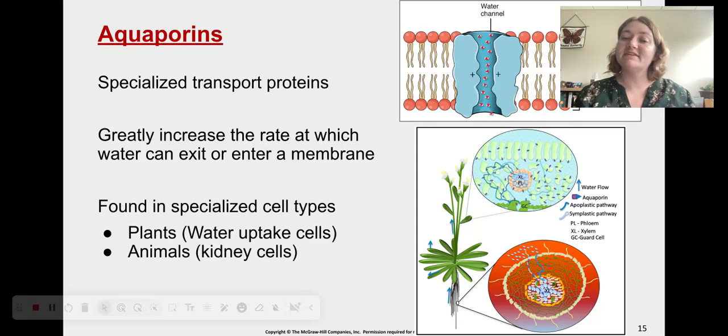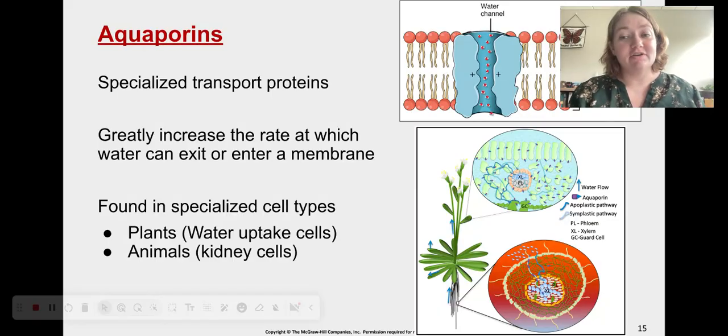Think about root cells of a plant. One of their main jobs is to take in water from the soil. Now, it could do this via osmosis, right? It could do this with simple diffusion, but that process can be slow when you need to take in really large amounts at a time.